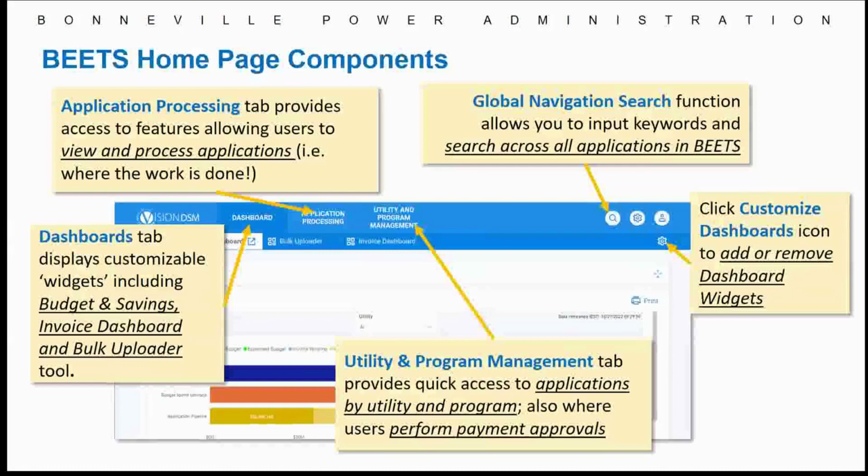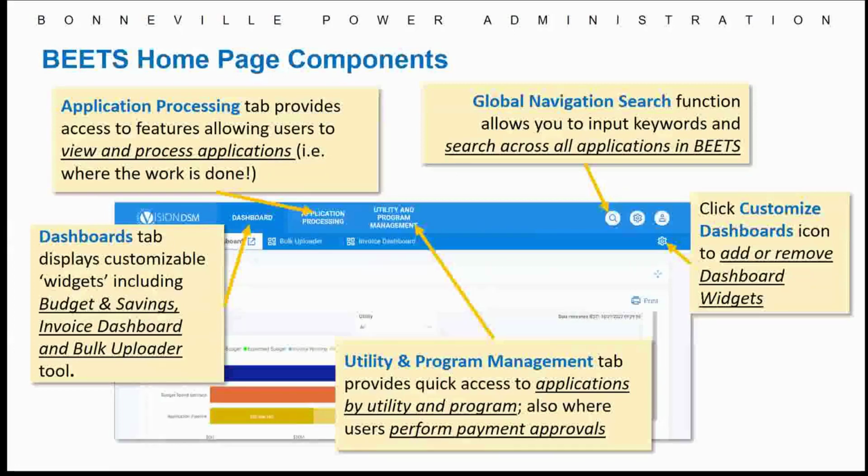And then in the upper hand of the screen, there's a couple tools that you'll become familiar with, one being the global navigation search. This is your Google search tool for looking things up across the system, and we'll talk more about how to use that. There's certain data elements in the system that are really useful to use for the search. And then the last thing we're pointing to in here is this little cogwheel, as we call it.